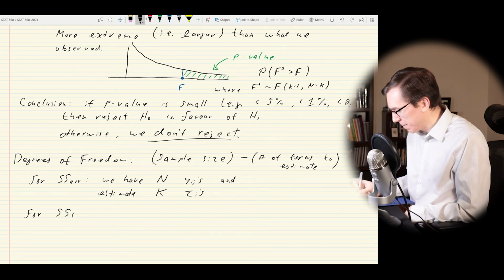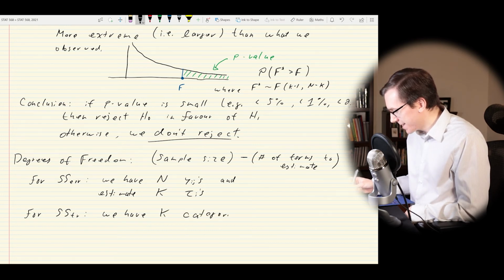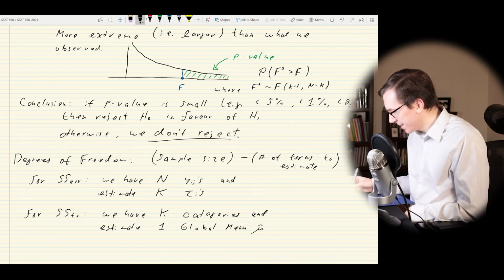For the treatment sum of squares, we have k categories, and we estimate one global mean, we'll say mu hat or y bar dot dot.